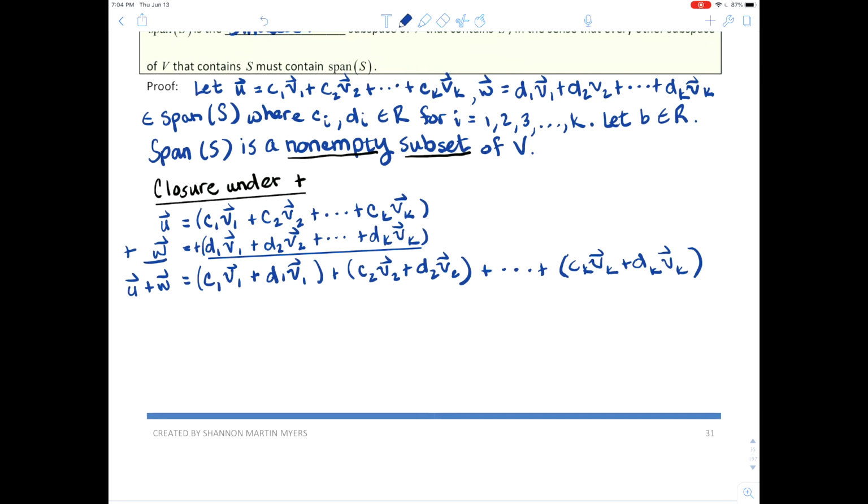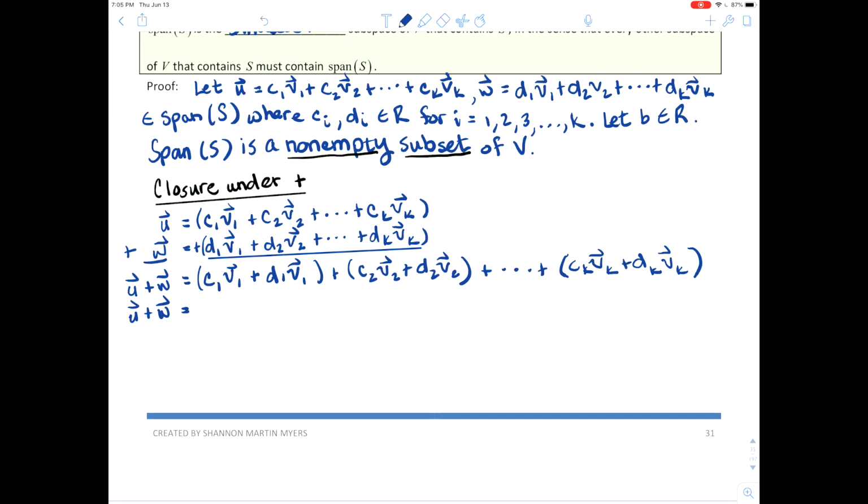That's just adding the two sets. Now let's see what happens. For u plus w, remember, I need to have the constants times something in order for it to be the same format.